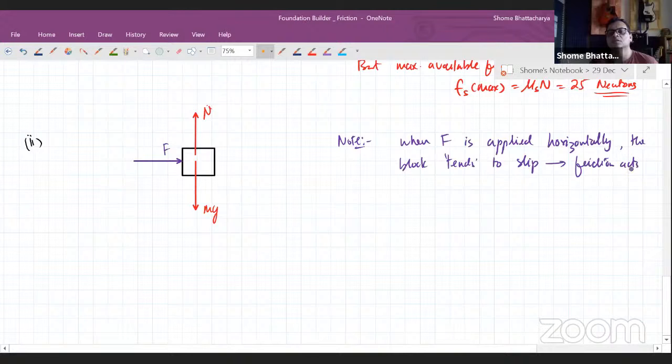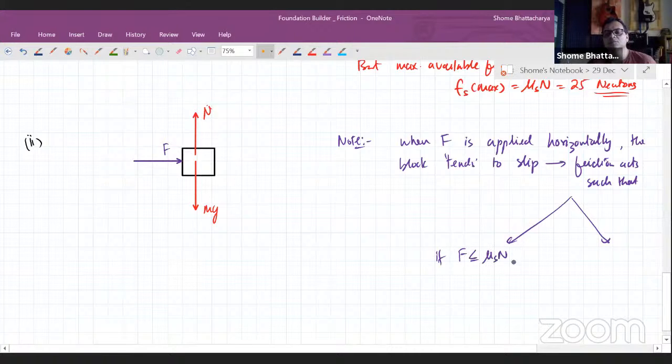Friction acts such that one of two things will happen. If the external force is less than or equal to the maximum static friction, then the block will remain at rest.